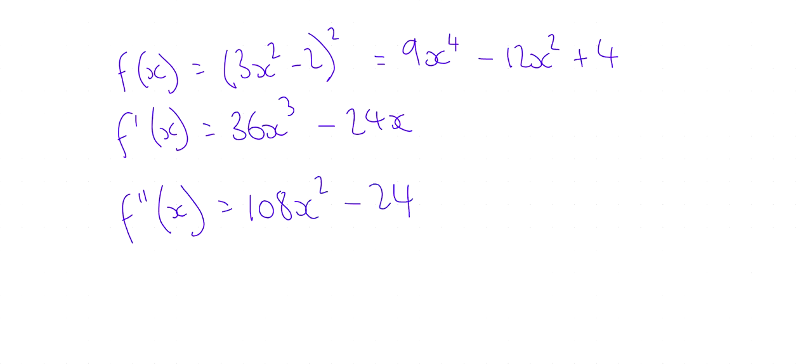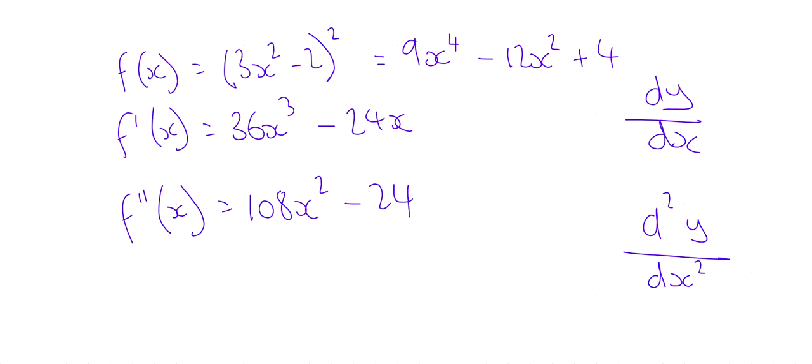Another way of writing this: when we write the derivative, we do dy dx. When we write the second derivative, we write d squared y over dx squared. That is the notation for a second derivative, either this version or this version. If you see both of these notations, they mean the same thing.